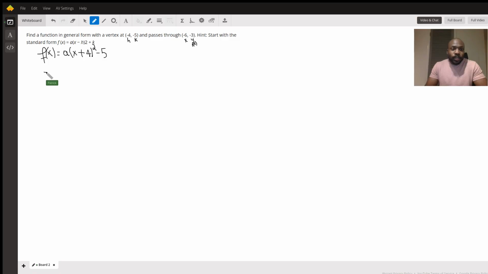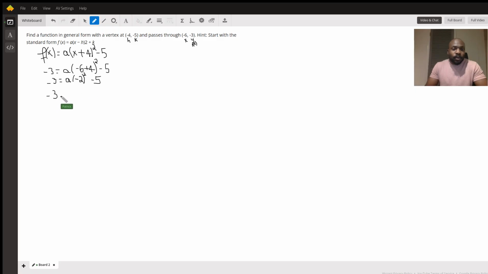So let's do that. -3 equals a times x, so -6 plus 4, squared, minus 5. So -3 equals a. In the parentheses, we should have -6 plus 4, -2. So -2 squared and minus 5.